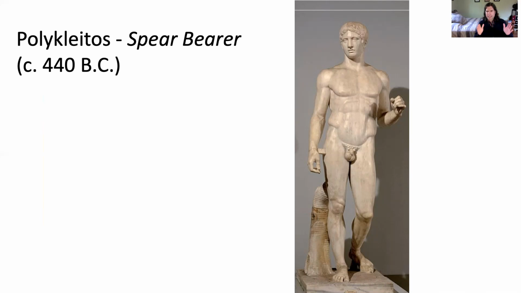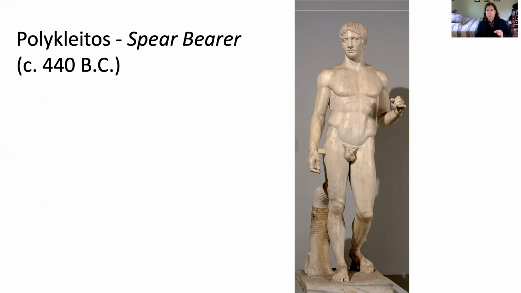So that's the idea of the canon, which is another way of saying that mathematics is actually the key to getting human proportions right. The human body is mathematically intelligible.